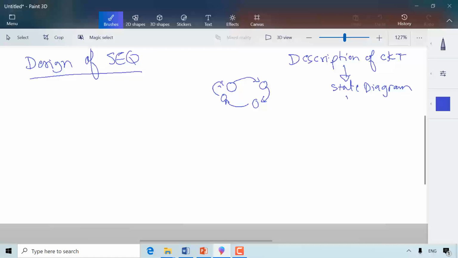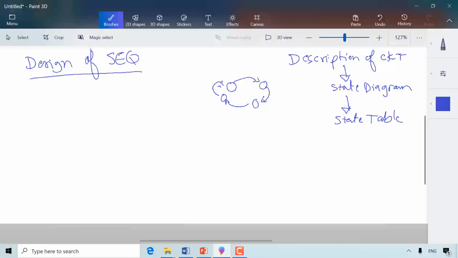From the state diagram, we construct the state table. If you have a state table, you should be able to get the state diagram, and vice versa. They represent the same thing.